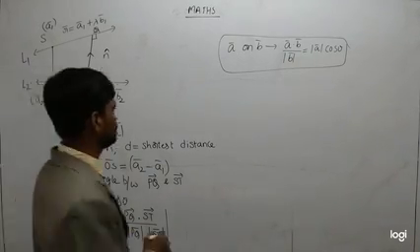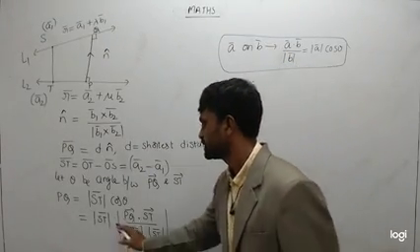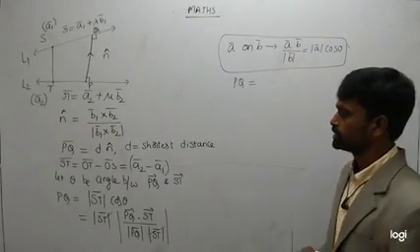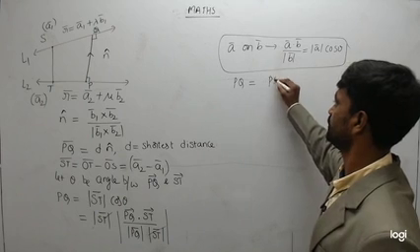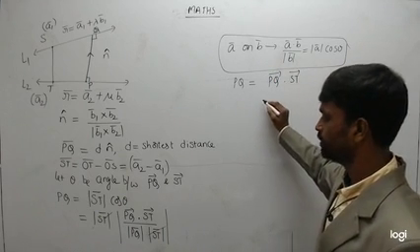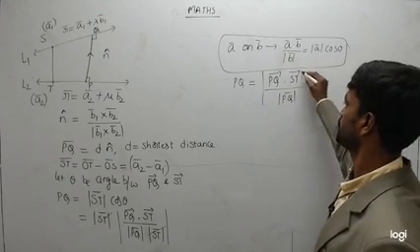So thus PQ is equal to, now can we cancel this mod ST bar and mod ST bar? So now what is left is PQ bar dot ST bar divided by mod PQ bar, and a whole modulus.